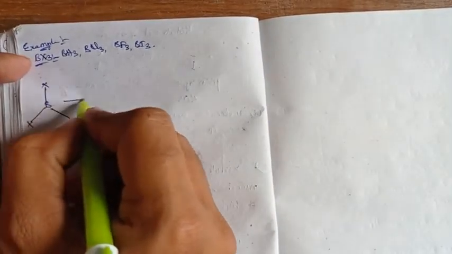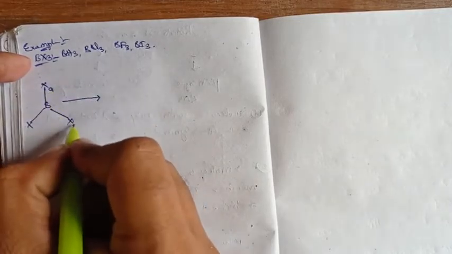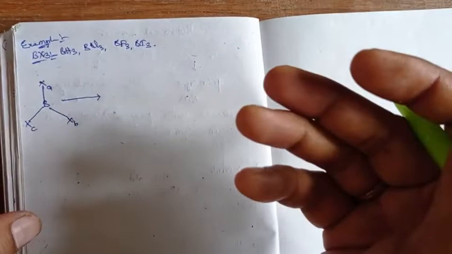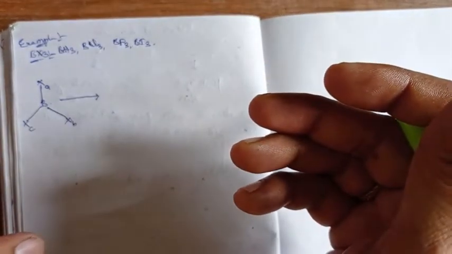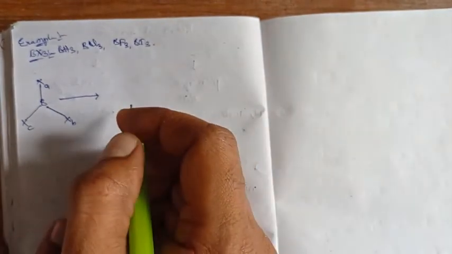So let us label the similar halogens as A, B, C. You may go with different labeling, 1, 2, 3, ABC, PQR, alpha, beta, gamma, anything. Here I will go with ABC.